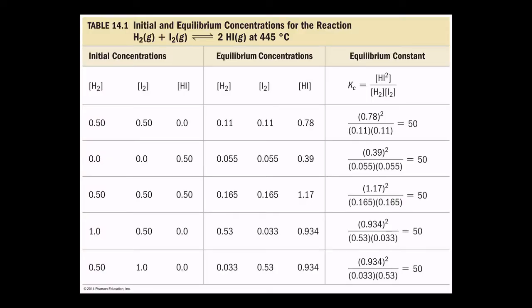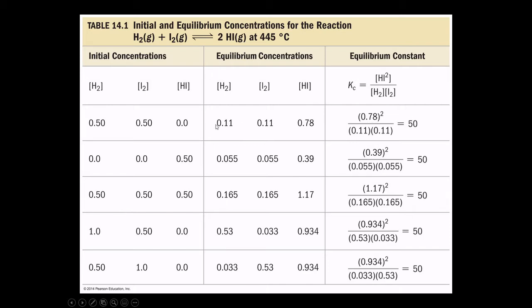So if we know, for example, the reaction we're interested in is this one, hydrogen gas and iodine gas coming together to form hydroiodic acid, and we know the equilibrium concentrations, all we have to do to find the equilibrium constant is just take those concentrations, plug them straight into the constant, and solve for the numerical value.